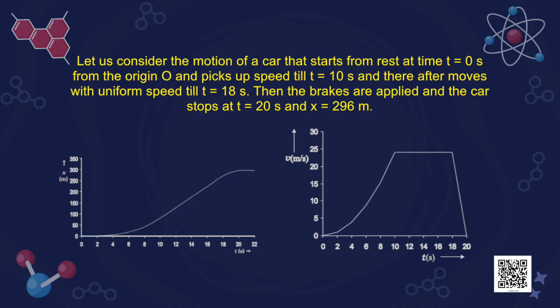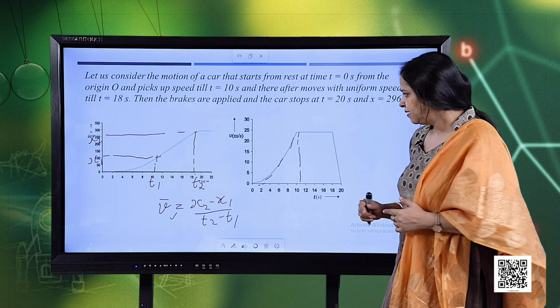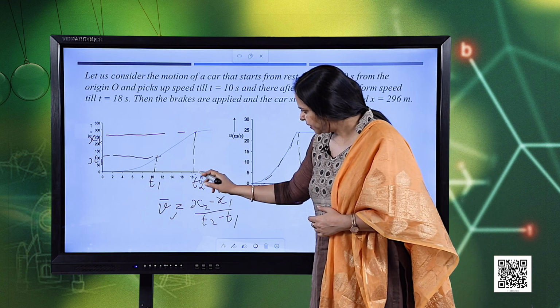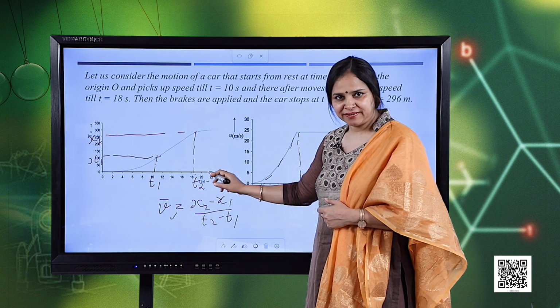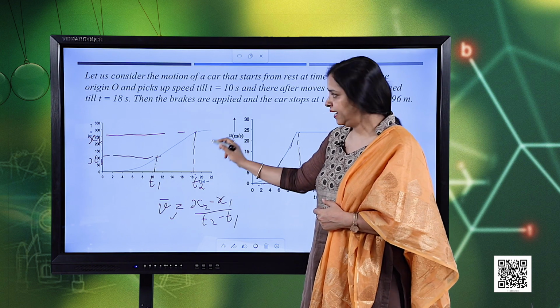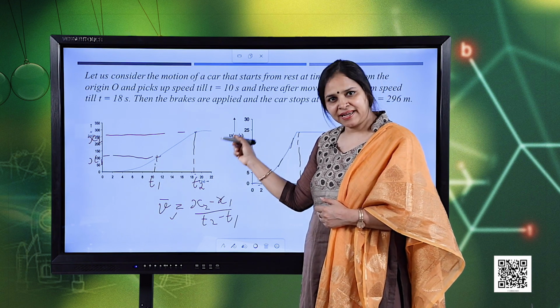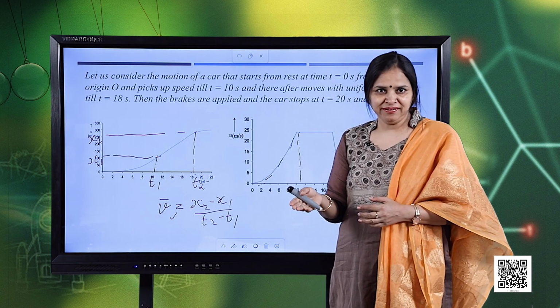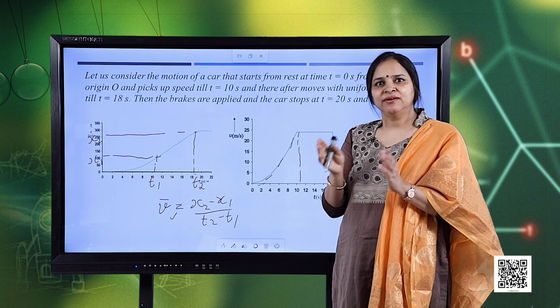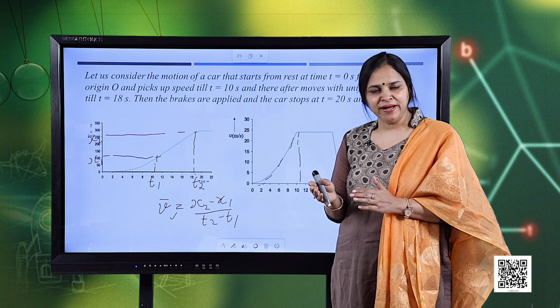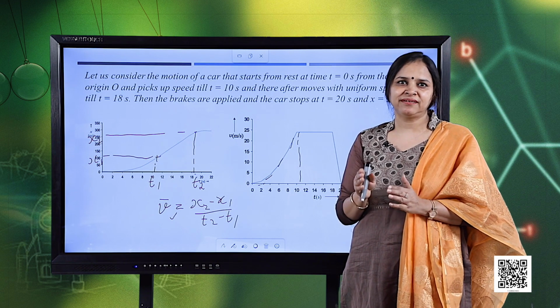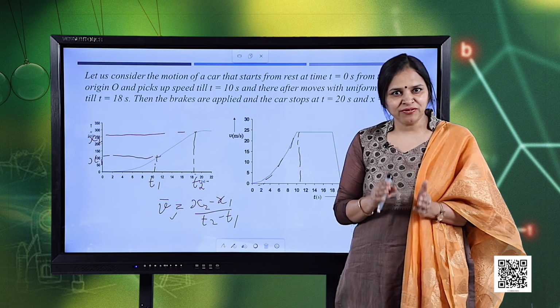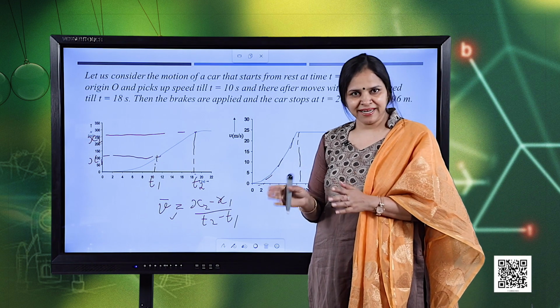Now, let us proceed further to the next time interval of 18 to 20 second. Here, between 18 and 20 second, there is a curve in the xt graph. So, again we repeat the process. At different instants we find out the slope, and that slope gives us the value of velocity at that particular instant.